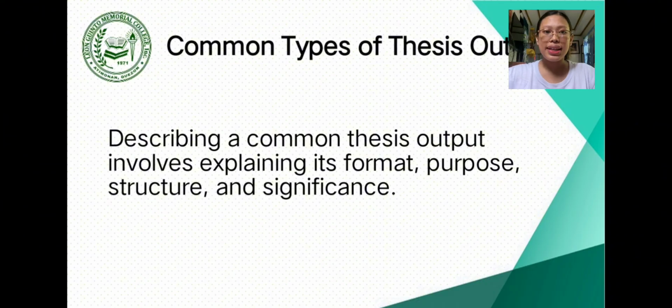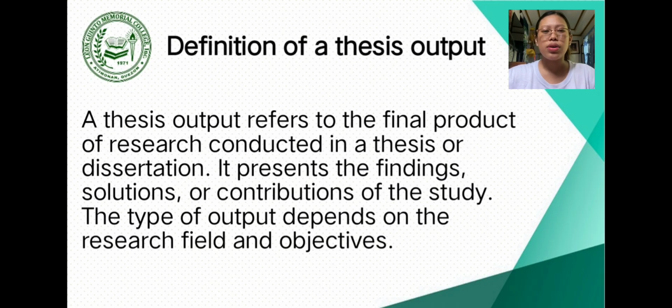Describing a common thesis output involves explaining its format, purpose, structure, and significance. A thesis output refers to the final product of research conducted in a thesis or dissertation. It presents the findings, solution, or contribution of the study, and the type of output depends on the research field and objective.